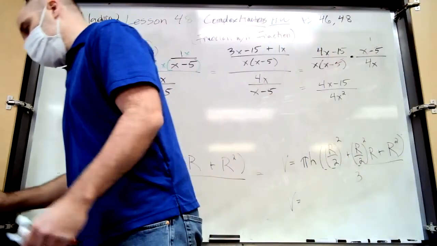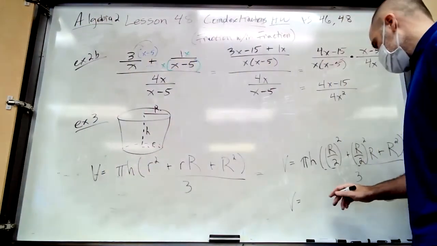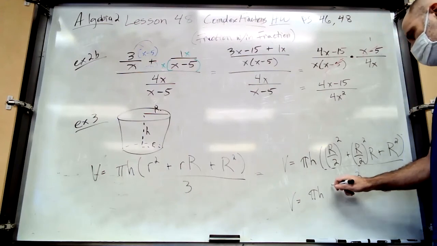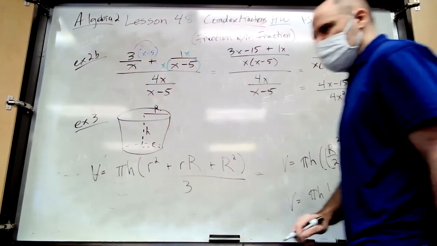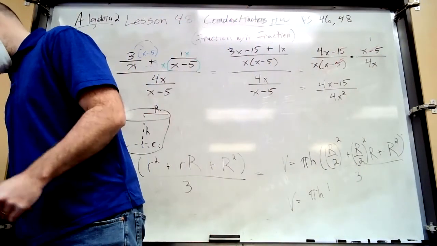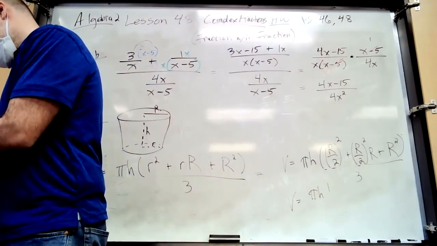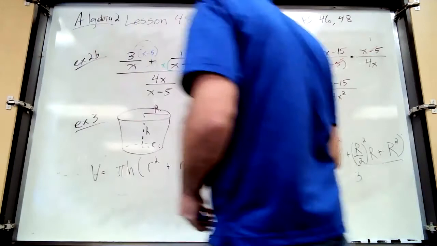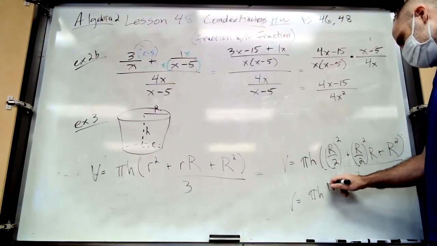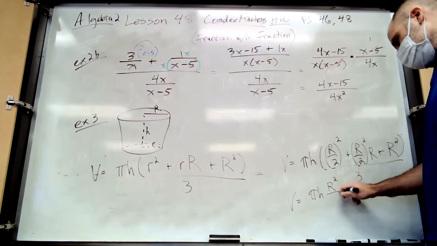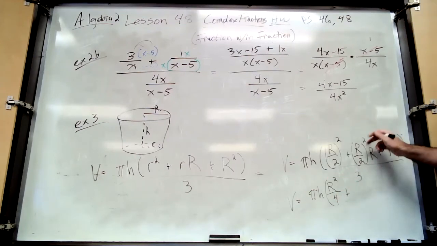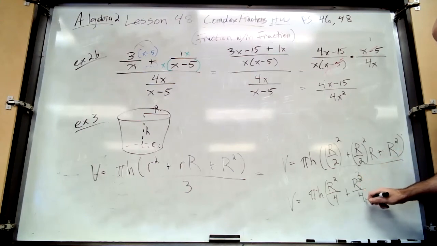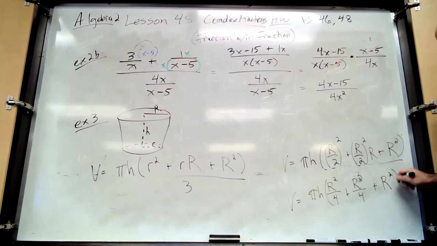So simplify that, and we get pi h times big R squared over 4 plus R squared times another R, so it'd be R cubed over 4, plus big R squared, all over 3.